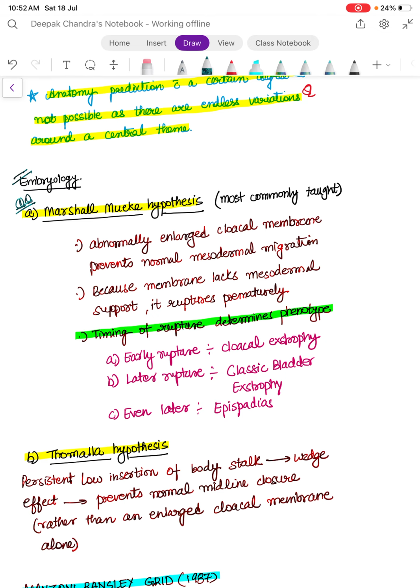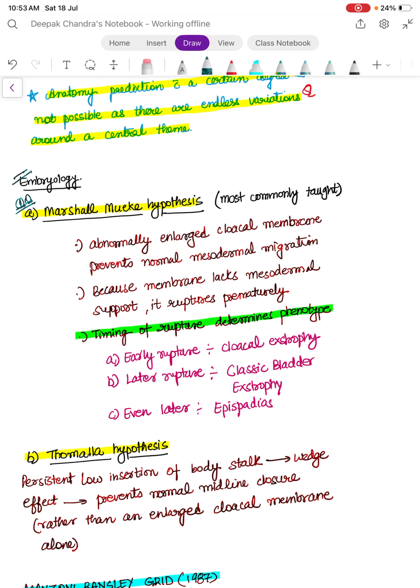In this, an abnormally enlarged cloacal membrane prevents the normal mesodermal migration. If there is abnormal mesodermal migration, then as further development progresses, the membrane can rupture prematurely.